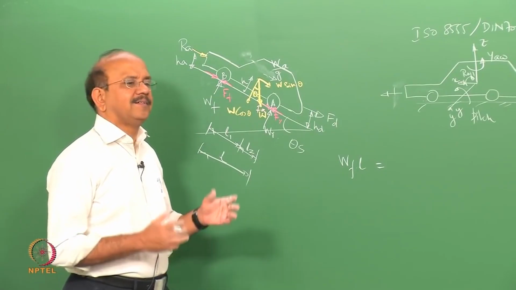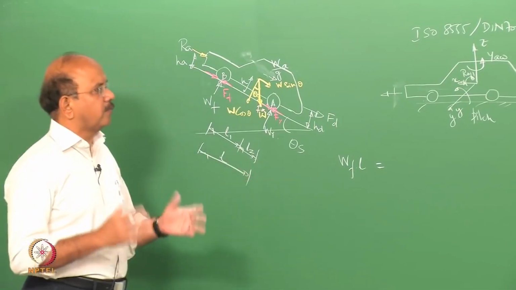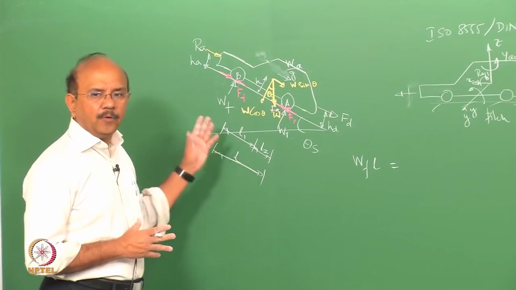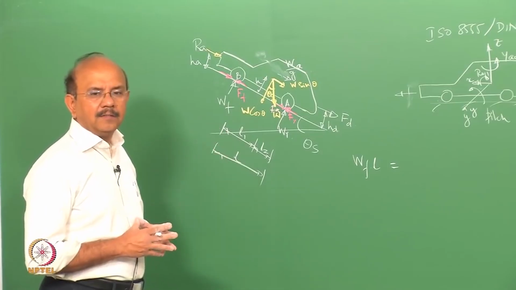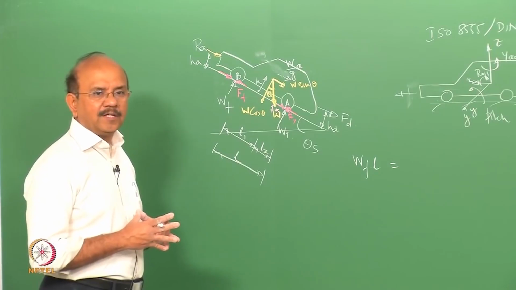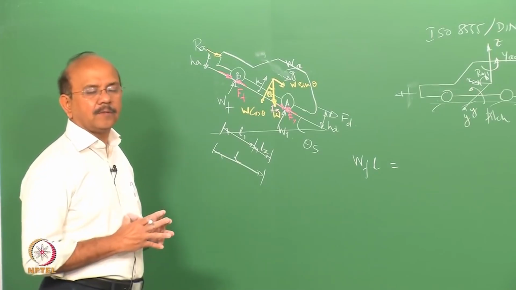One of the things which is obvious, which all of us experience, is that WF and WR are going to get affected when a vehicle is accelerating, or in other words, there is what is called load transfer.